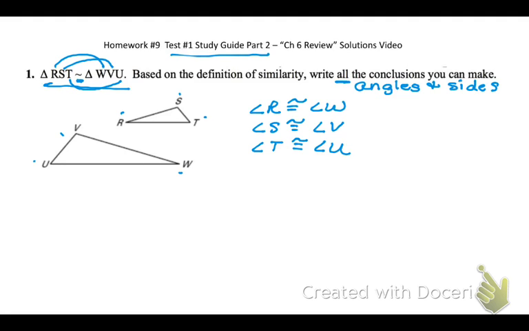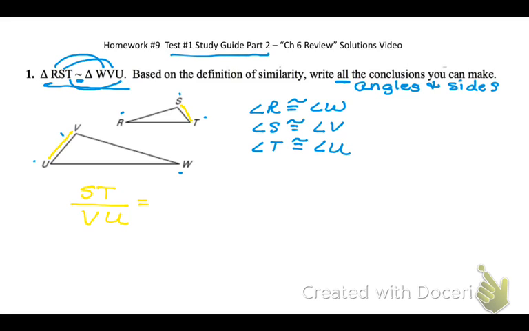So now let's look at the sides. So change colors here. So let's look at our smallest side first. So on this triangle, that would be ST. On this triangle, it would be VU. So we can write our proportionality statement, ST over VU.